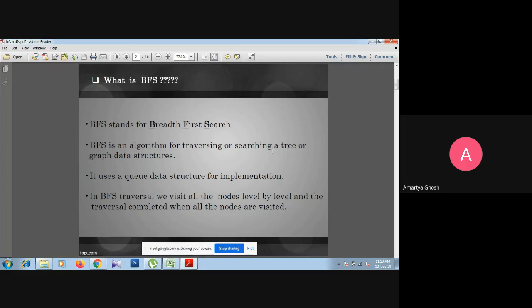You have to use either a stack or a queue for DFS or BFS. You can choose any node from that particular graph, and thereafter you follow the rule.